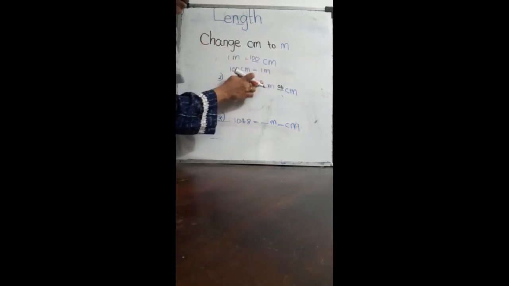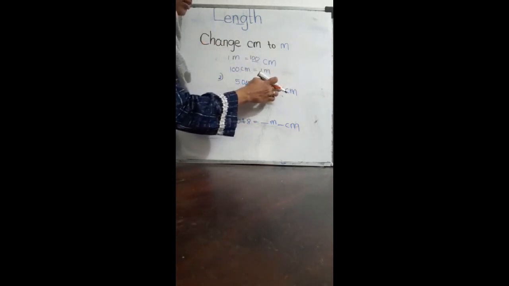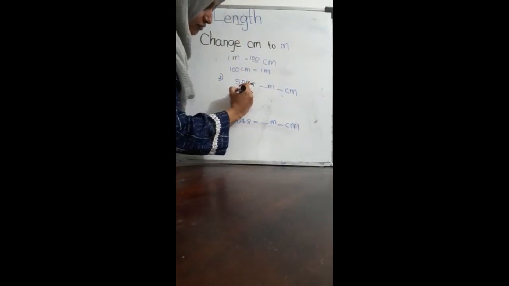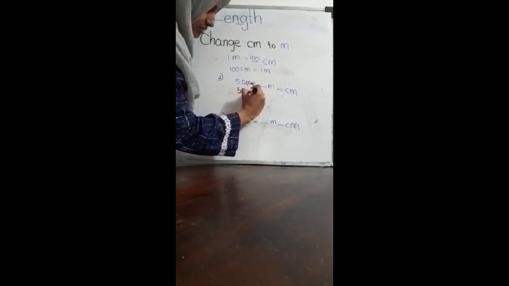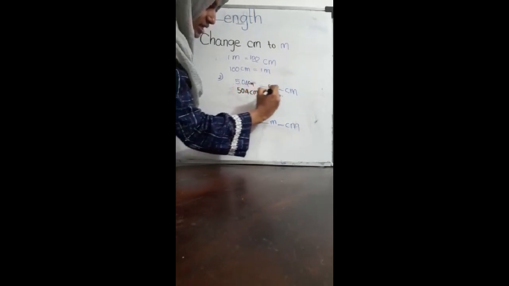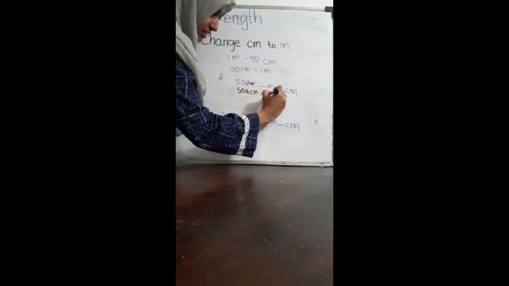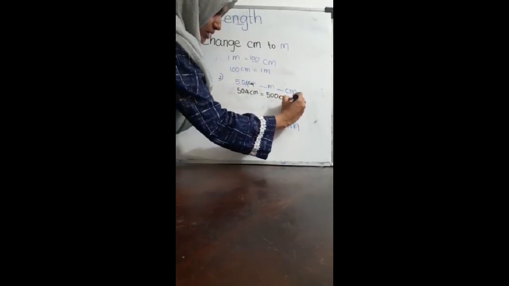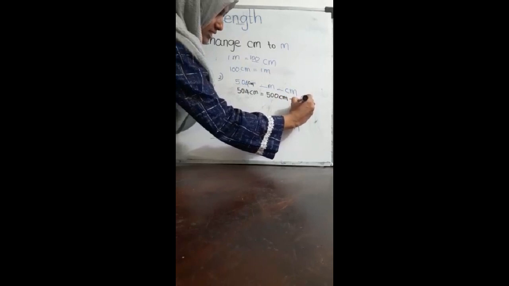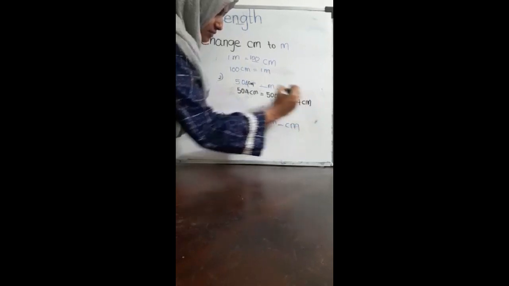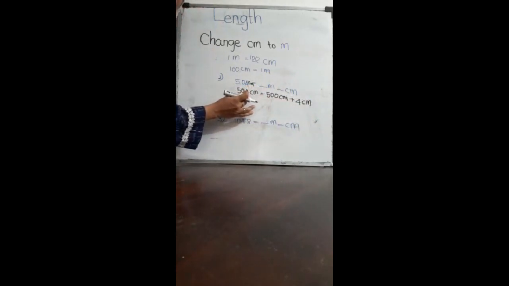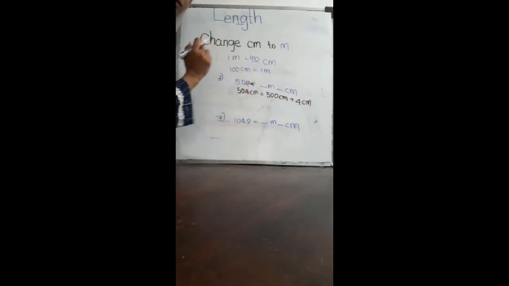Okay, now I'm going to explain this again. We can write 504 centimeters as, tell me? 500. I'm going to expand the number. 500 centimeters plus 4 centimeters. If you add these two numbers, you can obtain 504.